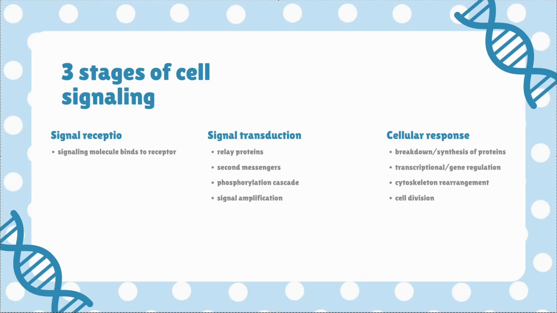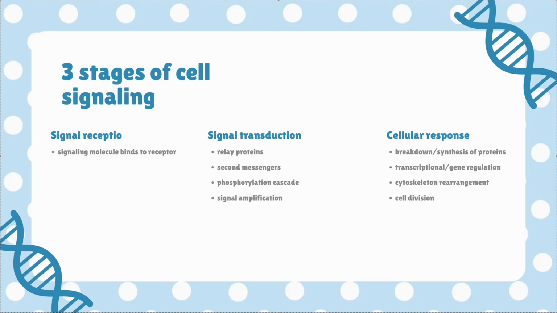Anyway, signal transduction involves the use of relay proteins, which upon binding of the ligand to the receptor, these proteins can become activated by phosphorylation or other mechanisms like calcium binding. And then these relay proteins can activate second messengers, or the ligand binding to the receptor itself can also activate second messengers.